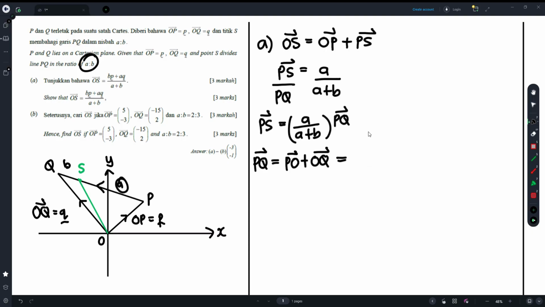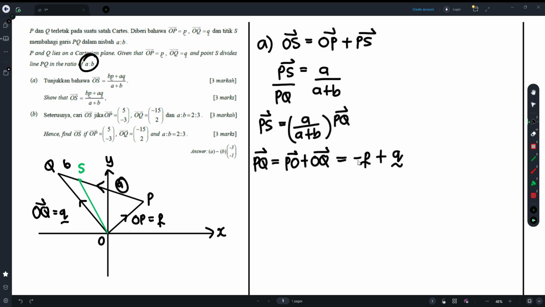So vector PO, according to the question, is negative P. Please take note, I'm putting negative because this is not OP, this is PO. So when I reverse the direction, I need to multiply with a negative, so the positive becomes a negative. And vector OQ is just Q. No need to put negative here because we follow as per the question.